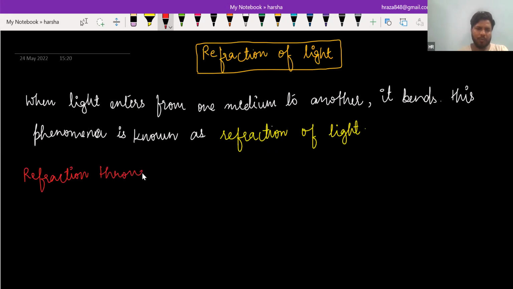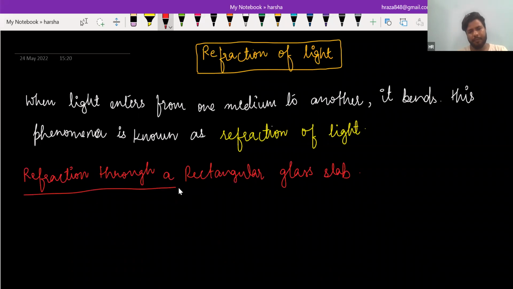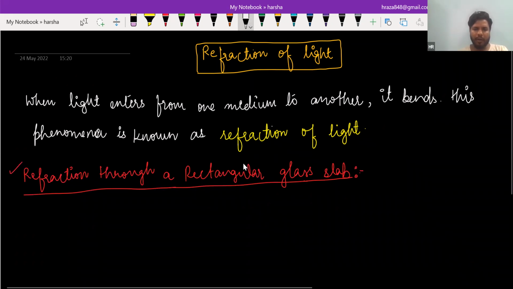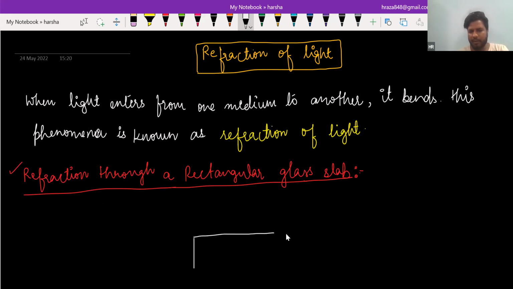So basically, I'm going to show you refraction through a rectangular glass slab. Refraction through a rectangular glass slab. So first of all, we are going to have a glass slab in the shape of a rectangle. This is our glass slab.